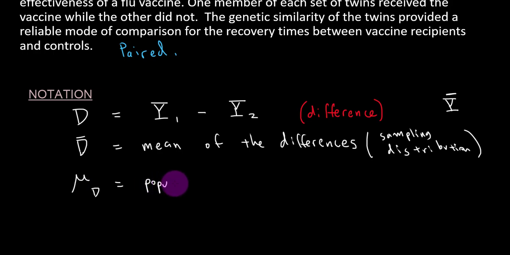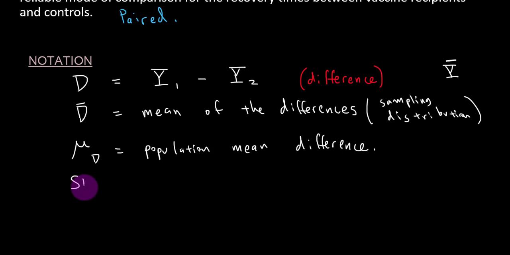So population mean difference. The standard error of the mean difference is given by s over square root of n.